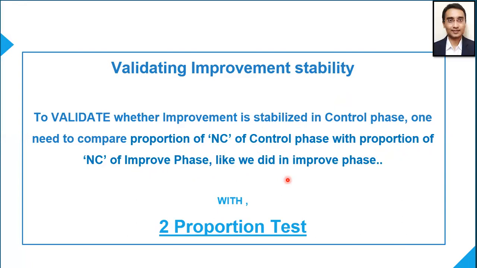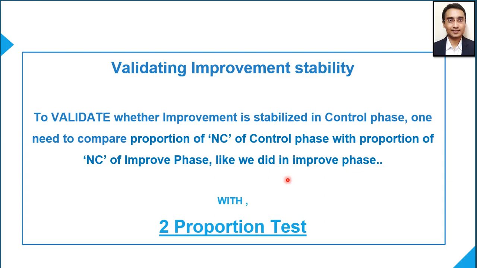NC means non-compliance. Here in the control phase, we are going to compare improve phase non-compliance with control phase non-compliance. All we need to prove is that improve phase non-compliance and control phase non-compliance are almost at the same level. In other words, in the control phase, we have not increased the number of NCs. That's what we need to prove.